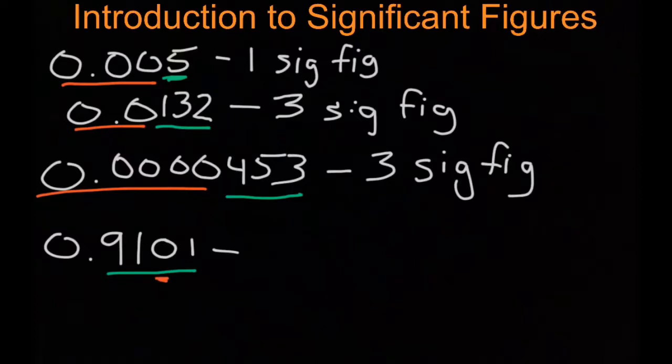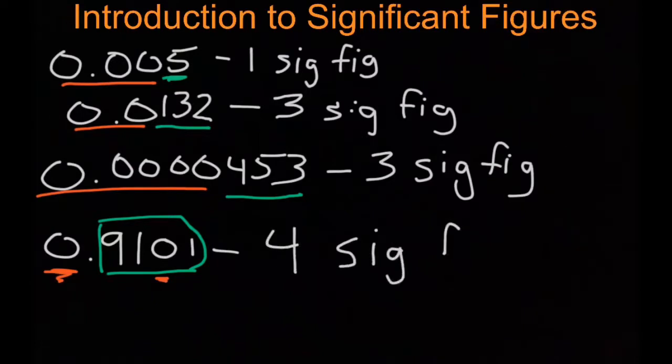But as we learned earlier in the video, the 0 in between 2 non-zero numbers is significant. Therefore, all 4 of these values right here are significant. The only thing that's not significant is this leading 0. Therefore, our answer is 4 significant figures for this value.